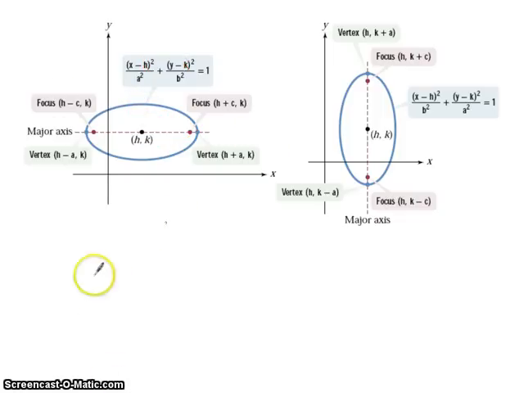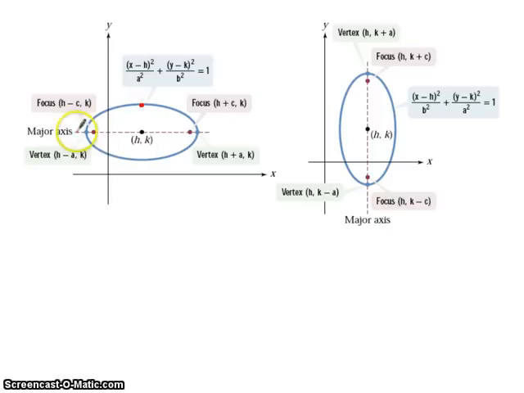So if we look at the focus, the vertex, and the endpoint of the minor axis, we'd see that we need to have the center along with A, B, and C in order to identify those points.